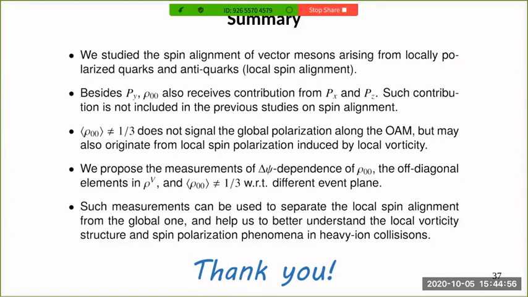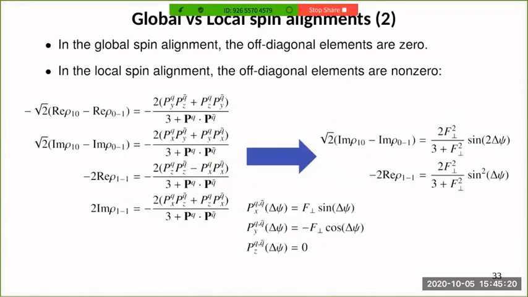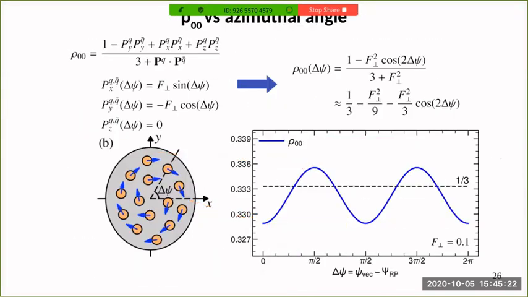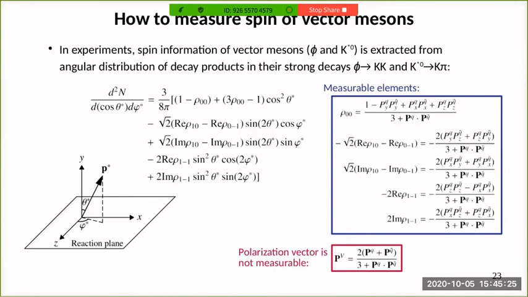Hello, everybody, and thank you for the interesting talk. And I actually have maybe several comments. And the first comment is that indeed, because the tensor polarization alignment is parity even, and vector polarization is parity odd, there is a term proportional to the product or square of polarization. Absolutely true. But it can also emerge not due to a product of polarizations, but due to a correlation of polarizations.